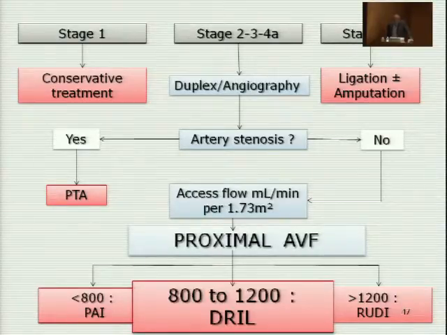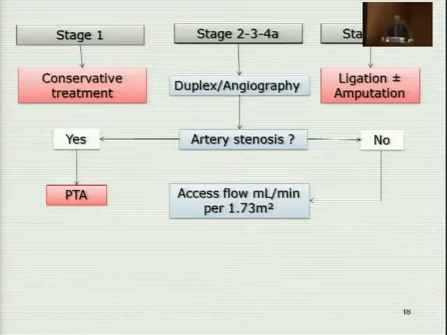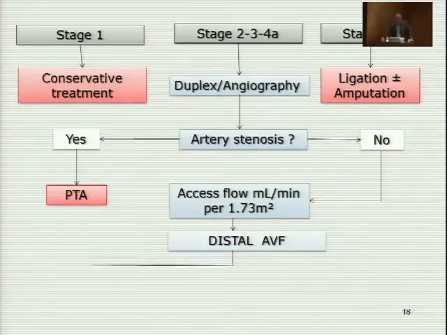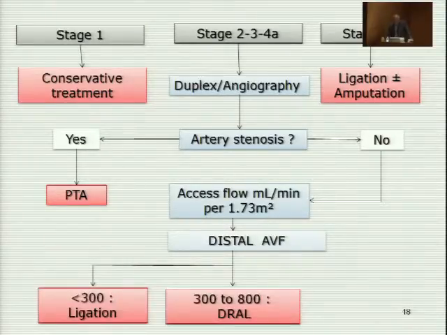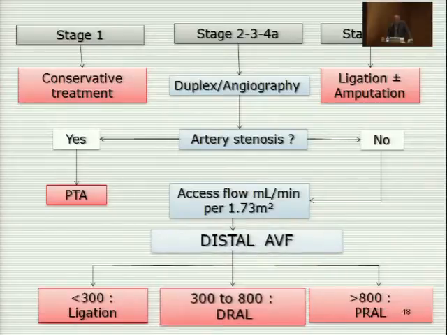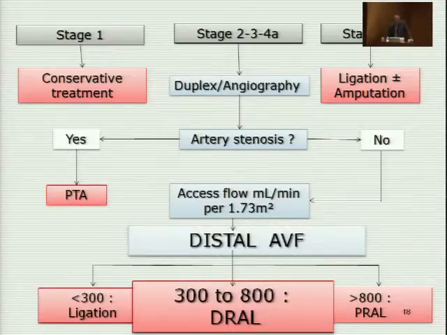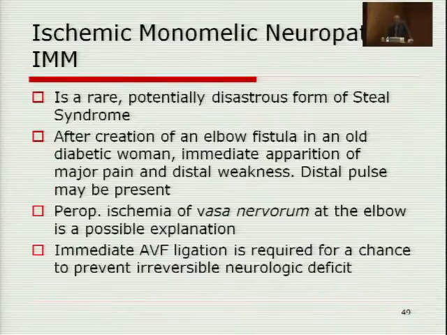And over 1,200, I will do a RUDI to decrease the flow. For distal arteriovenous fistula, let me say again that it's more simple, and the main operation is DRAL, distal radial artery ligation.